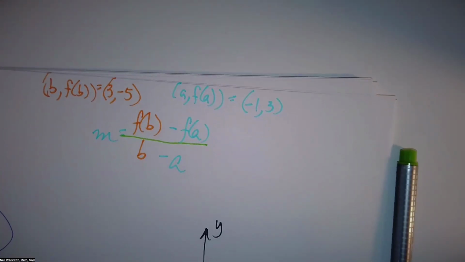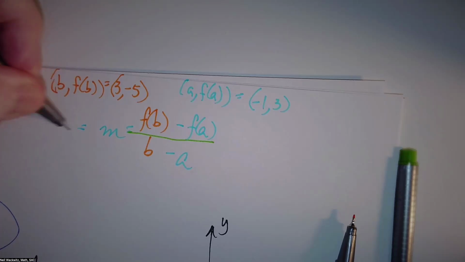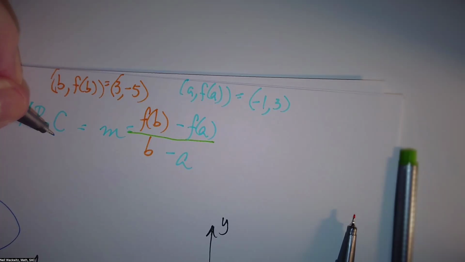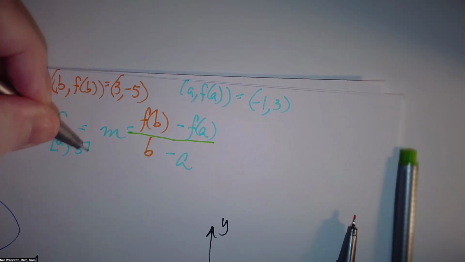So those are our 2 points. We're going to find the slope. That slope is the average rate of change of our function f on the interval from x equals a, which is negative 1 for us in this question, up to x equals b.